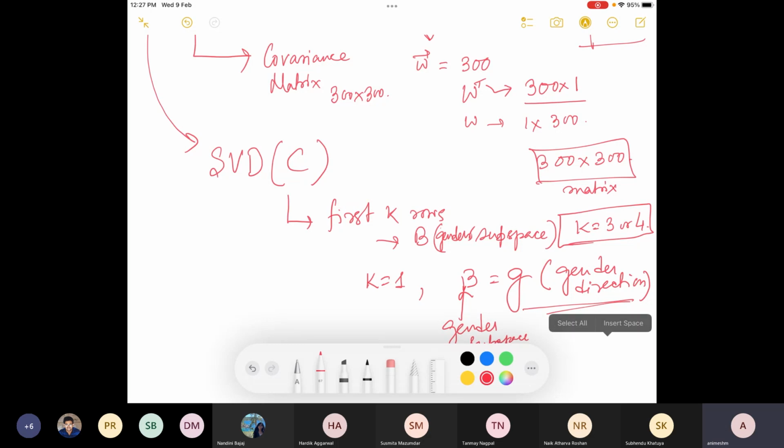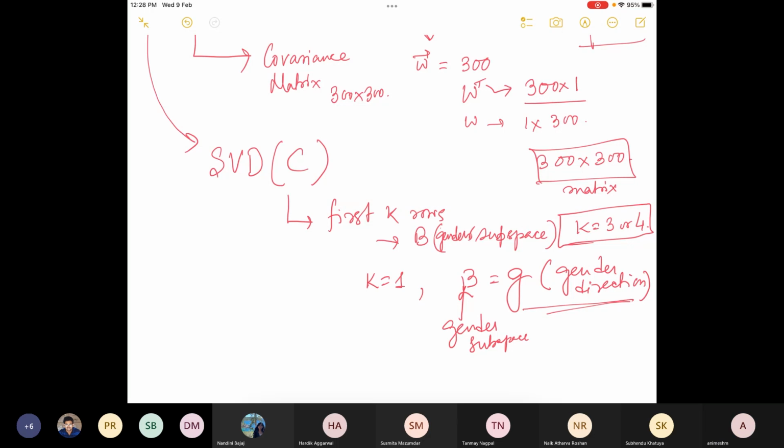But you have already seen that while quantifying the direct and the indirect biases, we have assumed K equals 1, which reduced B to G, the gender direction. So when K is equal to 1, it's a single direction, which is also called the gender direction.